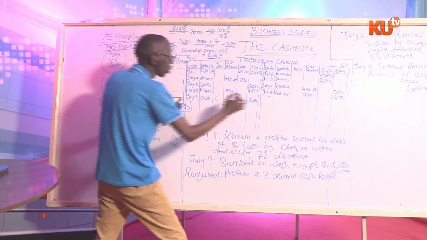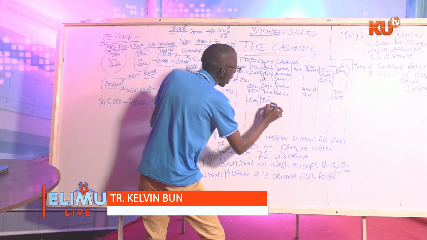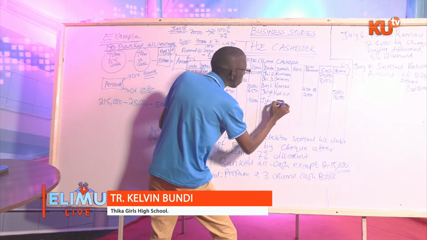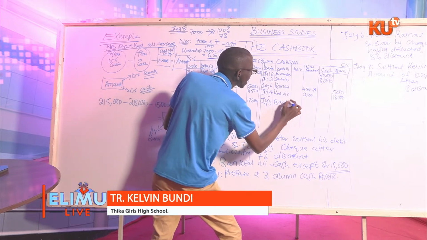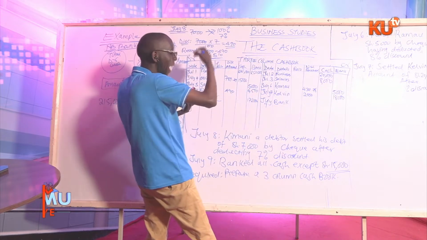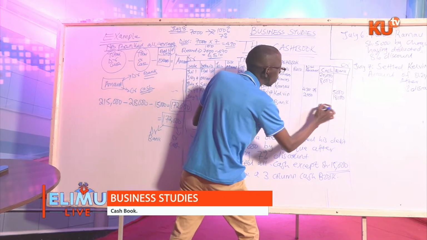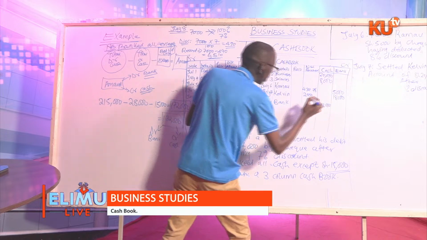The same amount on July 9. The details will be bank. Why? It is bank where we took the cash, and therefore we credit 172,000.